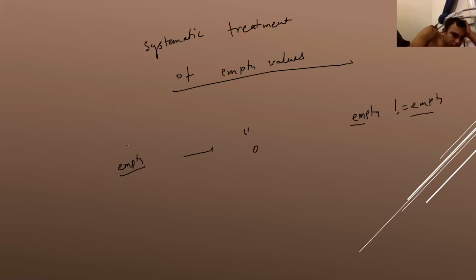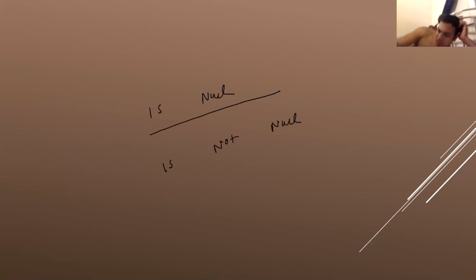In Oracle, we term this empty as null. And in Oracle, we use the IS NULL operator in order to check whether a value is null or not. What will we do in order to check if a value is not null? IS NOT NULL.